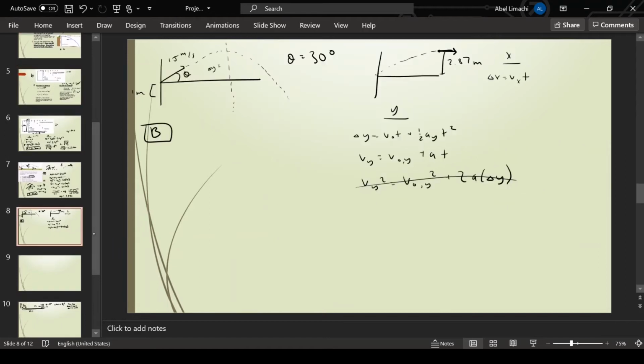If we go back to this, we can picture it as being launched straight up 2.87 meters, starting from a certain speed and ending at 0. And we can figure out easily the time it takes to go straight up like that.